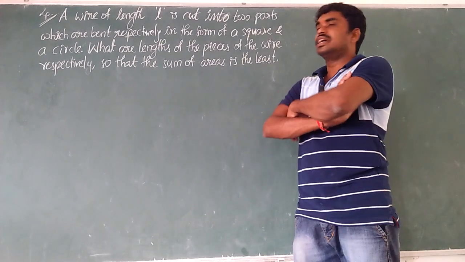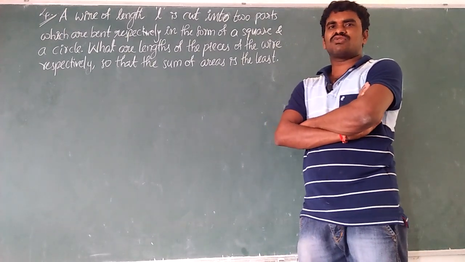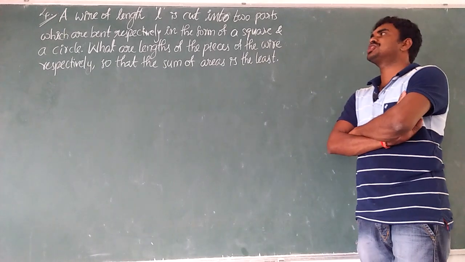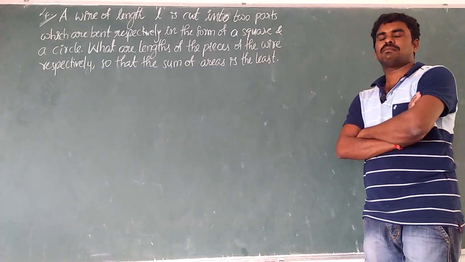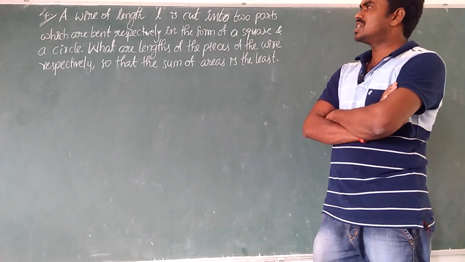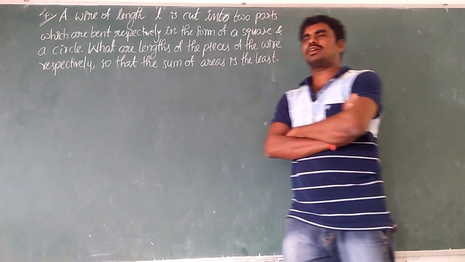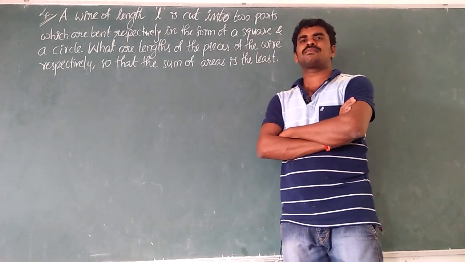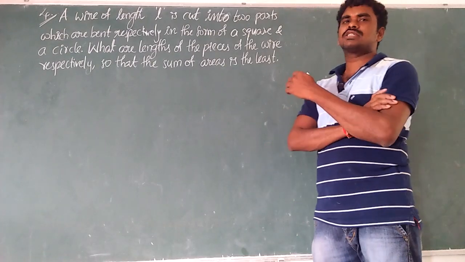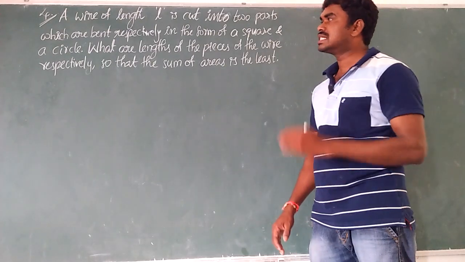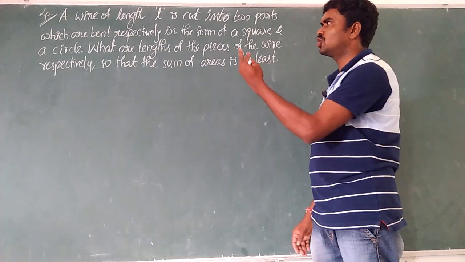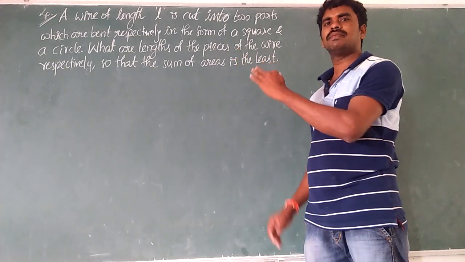Now in this class, Intermediate First Year Maths 1B, Applications of Derivatives, Part 8. It is a large chapter with several subtopics. In Part 7, Maxima and Minima long questions 1 to 3 were completed.